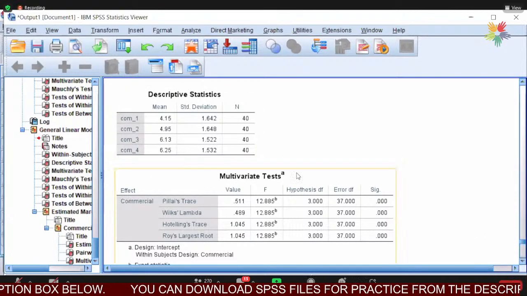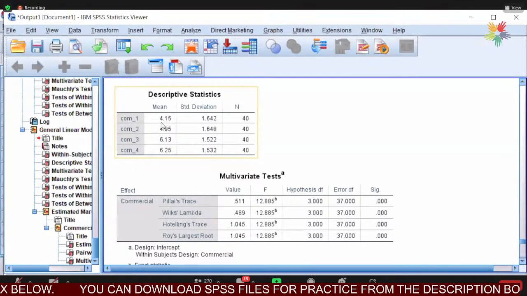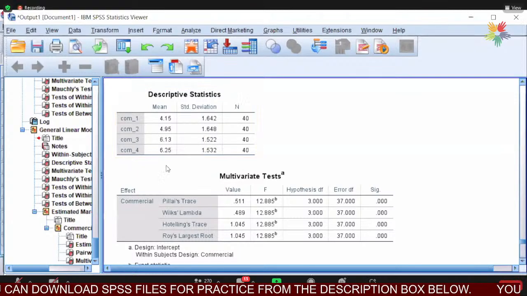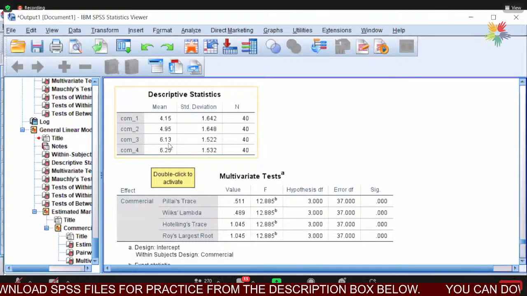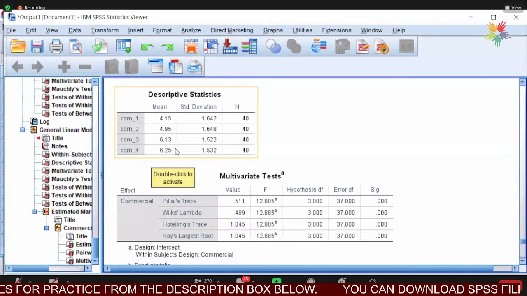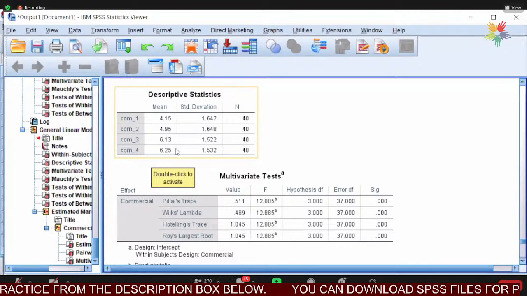Now we can see the average rating given to commercial one is 4.15 on a 10 point scale, and then the second, third and fourth. From this we can understand the fourth commercial is better.